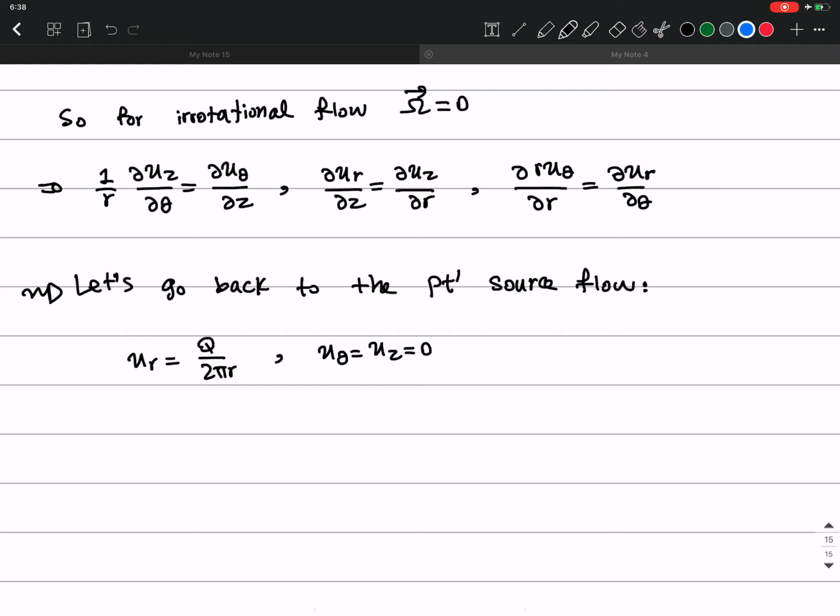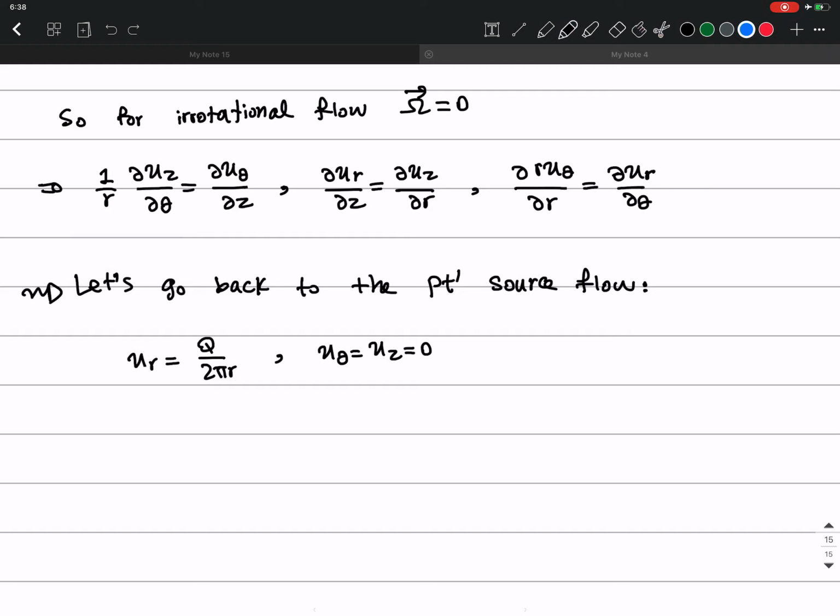Okay. So this means that we only have one component here, right? Because u theta is 0, and uz is 0, so we don't have these.